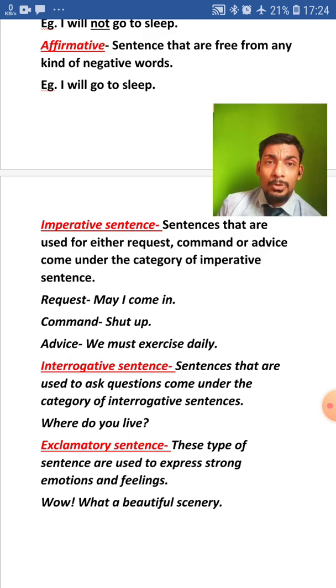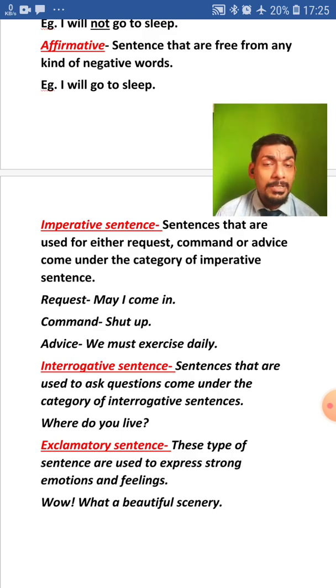And finally, coming to the last type of sentence, which is exclamatory sentence. These types of sentences are used to express strong emotions and feelings. One example that I have written is, wow, what a beautiful scenery.